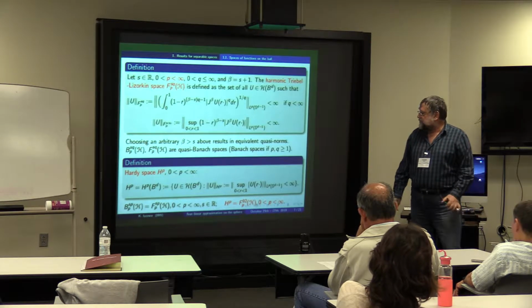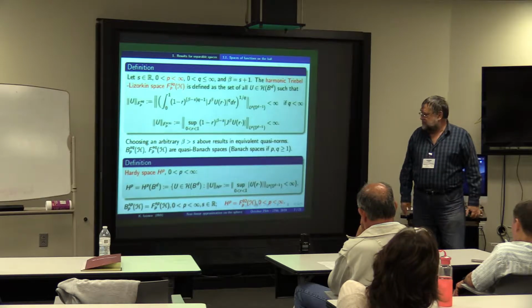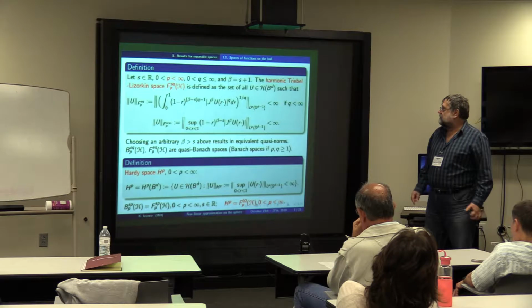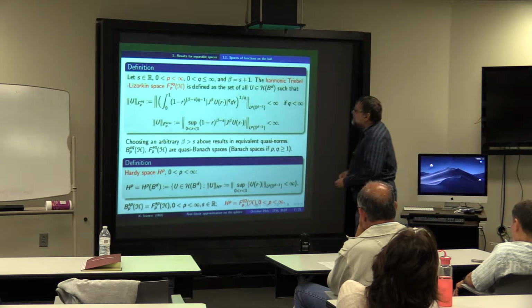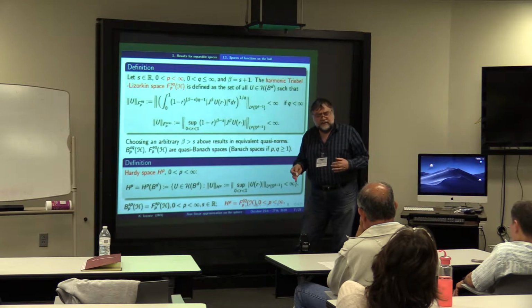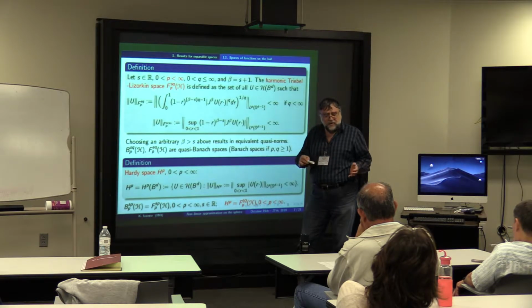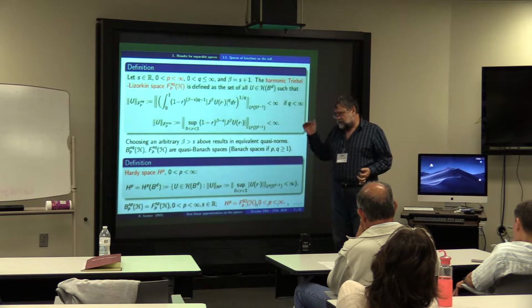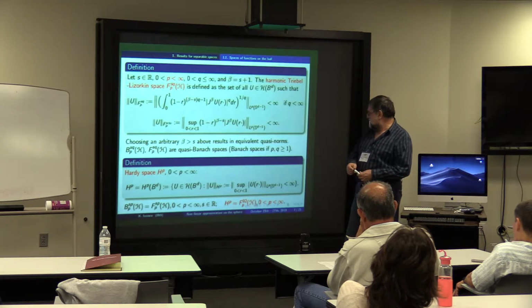For Q different than P, they are different spaces. More or less, Triebel-Lizorkin spaces look more like function spaces, and Besov spaces look more like coefficient spaces. But this is only a partial explanation, and I'll give you other examples after that.